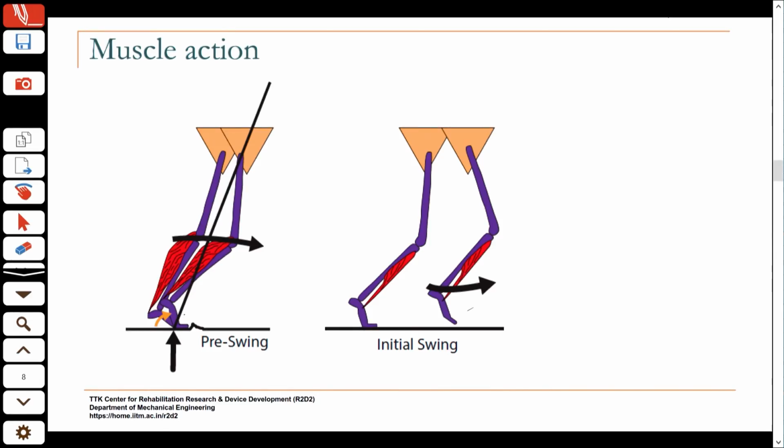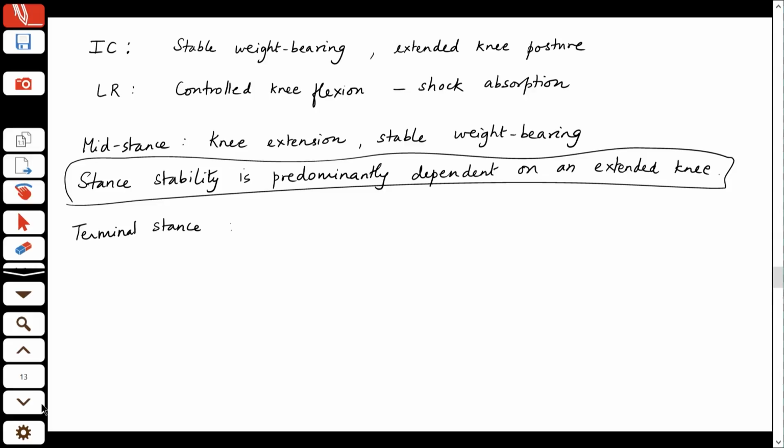So, you can see here, you need to have sufficient flexion in order to be able to swing through for a good step length. So, the objective is to complete knee extension. In terminal stance, you are still weight bearing, but you are starting to prepare for swing, okay.